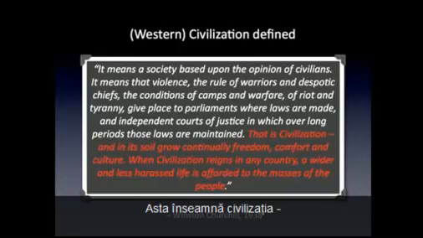That is civilization, and in its soil grow continually freedom, comfort, and culture. When civilization reigns in any country, a wider and less harassed life is afforded to the masses of the people. That's so true.